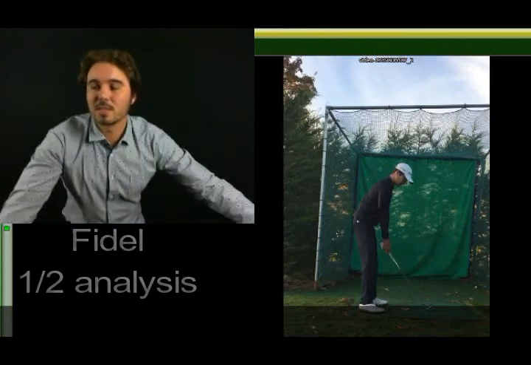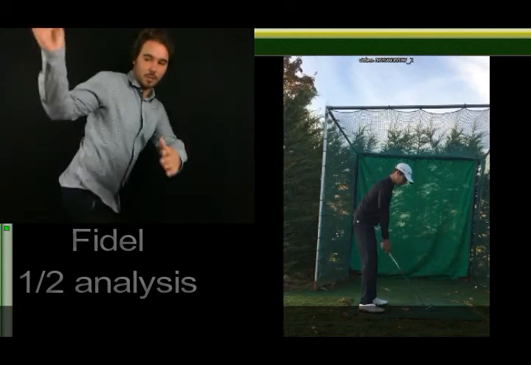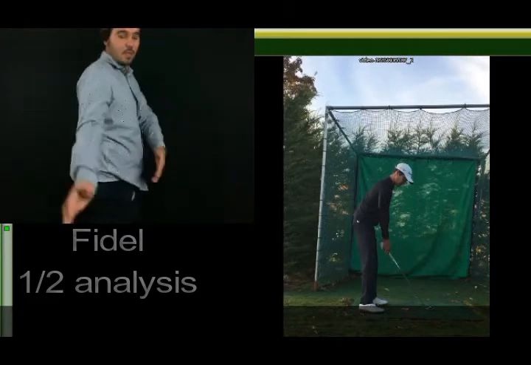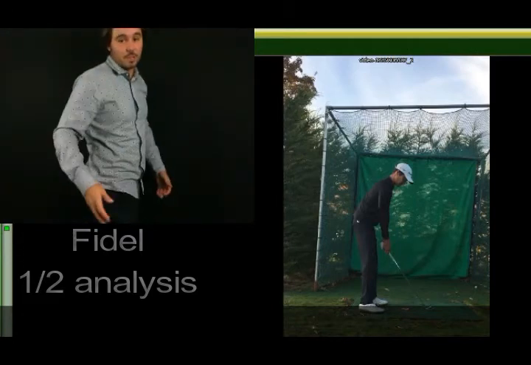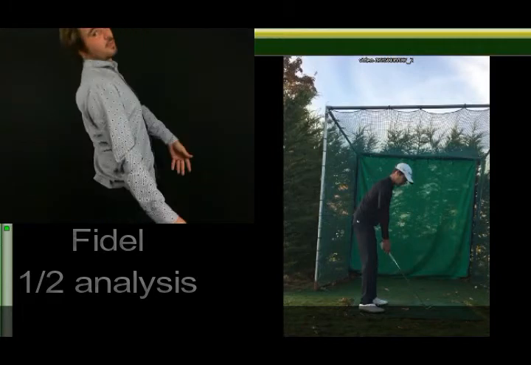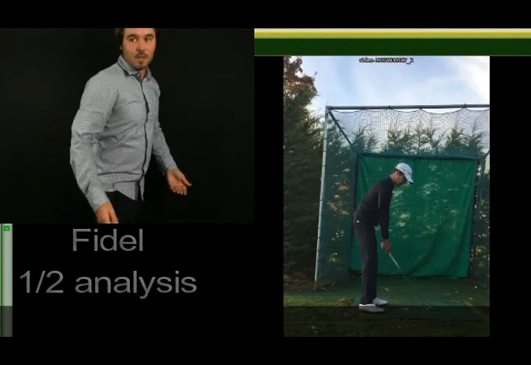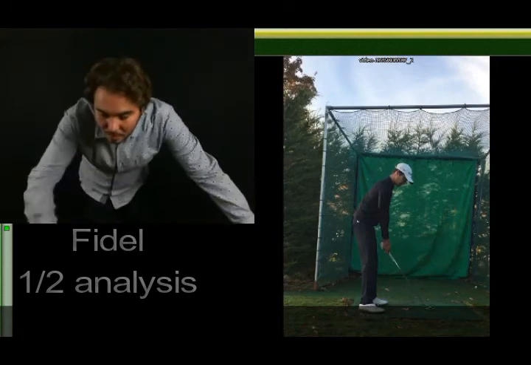Why? Because if you are in anterior pelvic tilt and hip flexion, you then have to go PPT and extension in the downswing, and that's really not good for rotation, it's not good for the spine. You're typically going to end up under the plane, and that's not good.